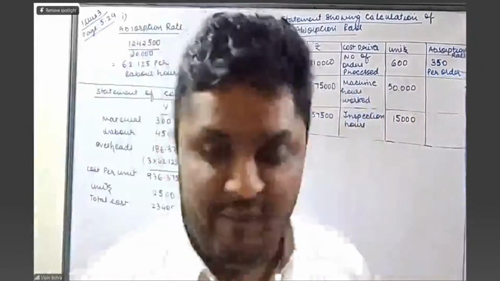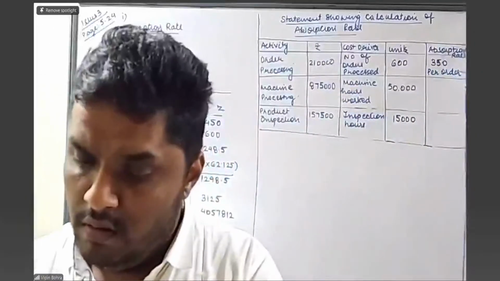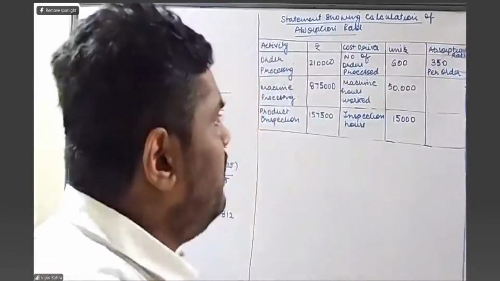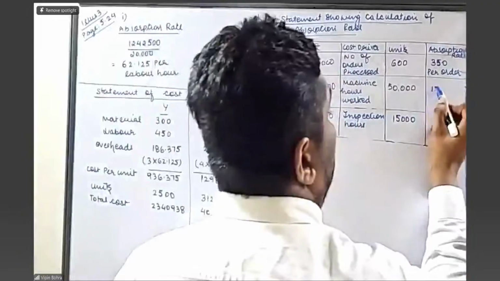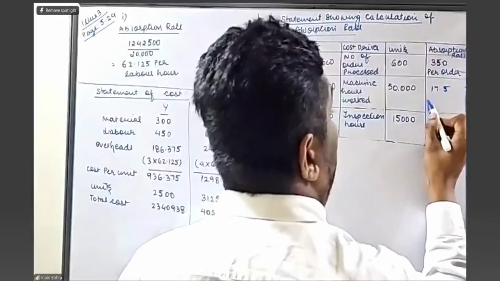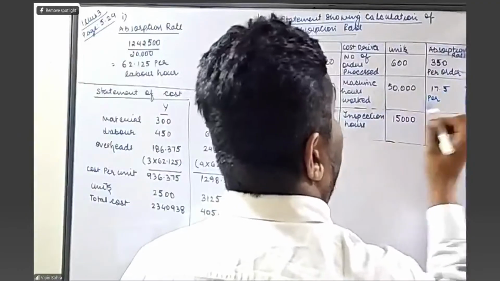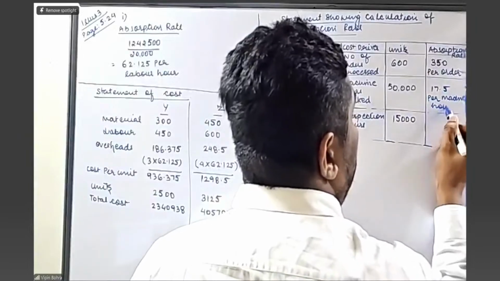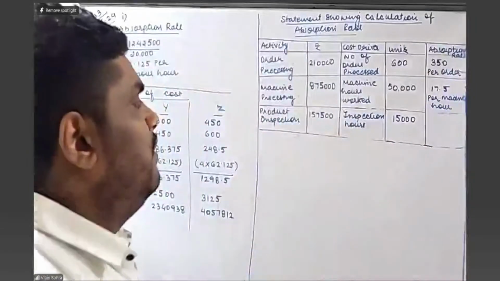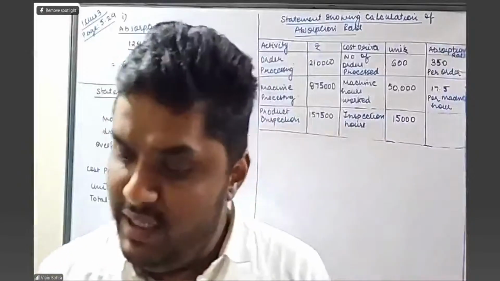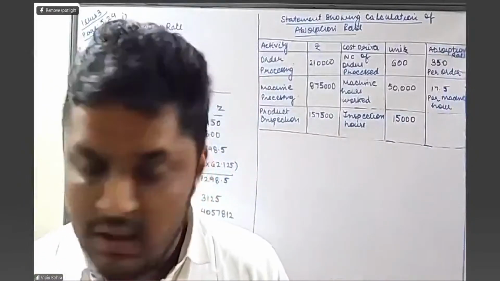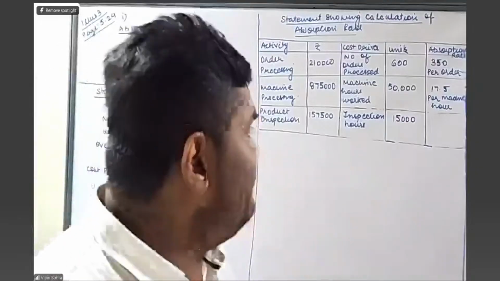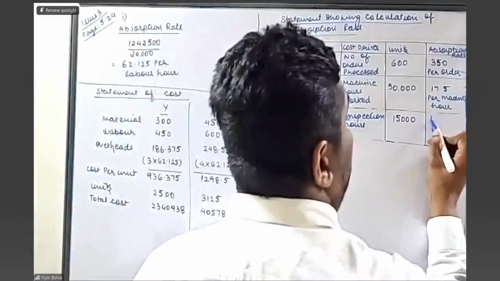Then 8,75,000 divided by 50,000 is 17.5 per hour. Better to write per machine hour. And the third one, 157,500 divided by 15,000. So 10.5 per inspection hour.